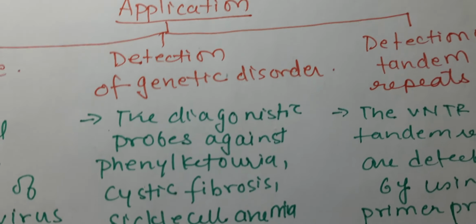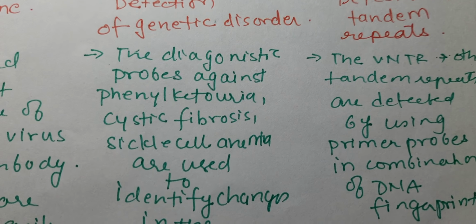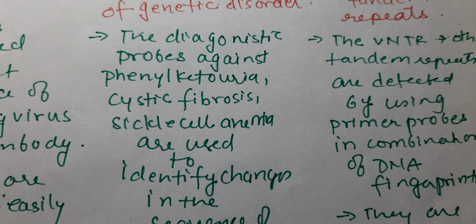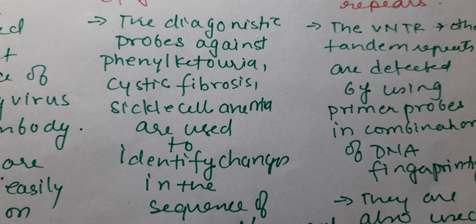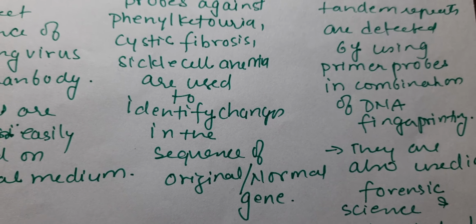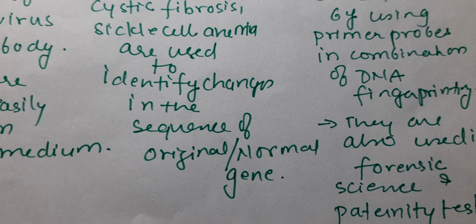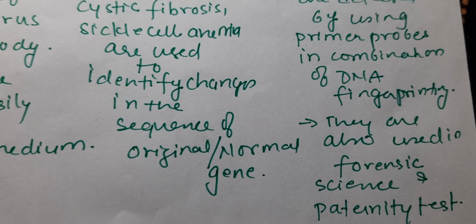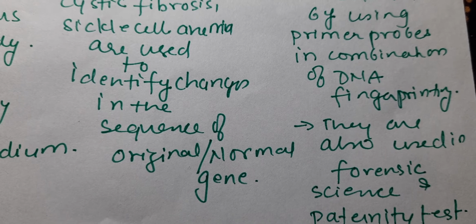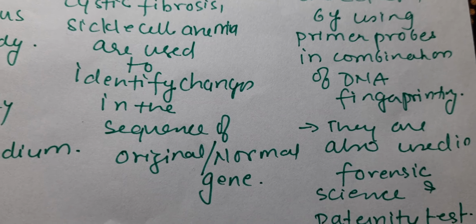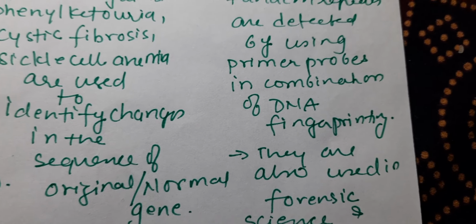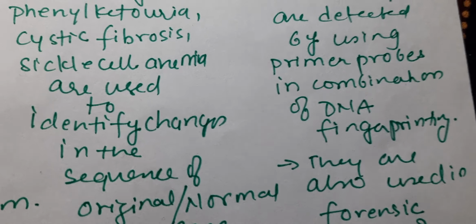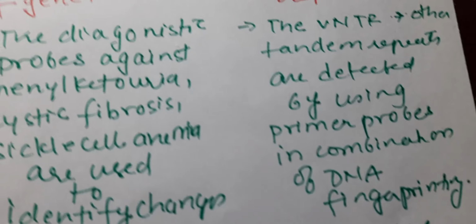Now in the detection of genetic disorder, the diagnostic probes against phenylketonuria, cystic fibrosis, and sickle cell anemia are used to identify changes in the sequence of the original or normal gene. So if the normal gene changes or gets mutated and has some different sequence, then that could be easily detected by using the probe.